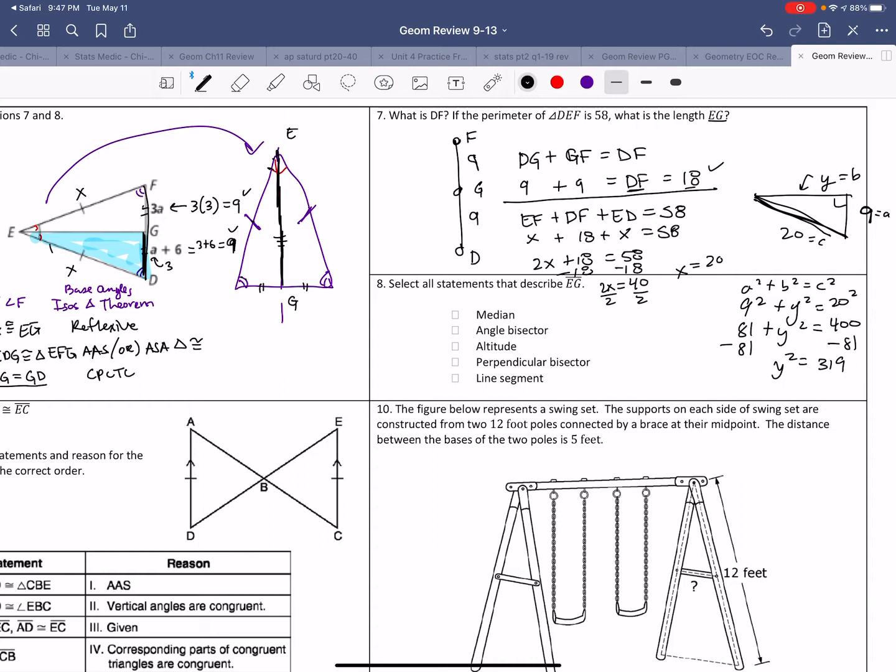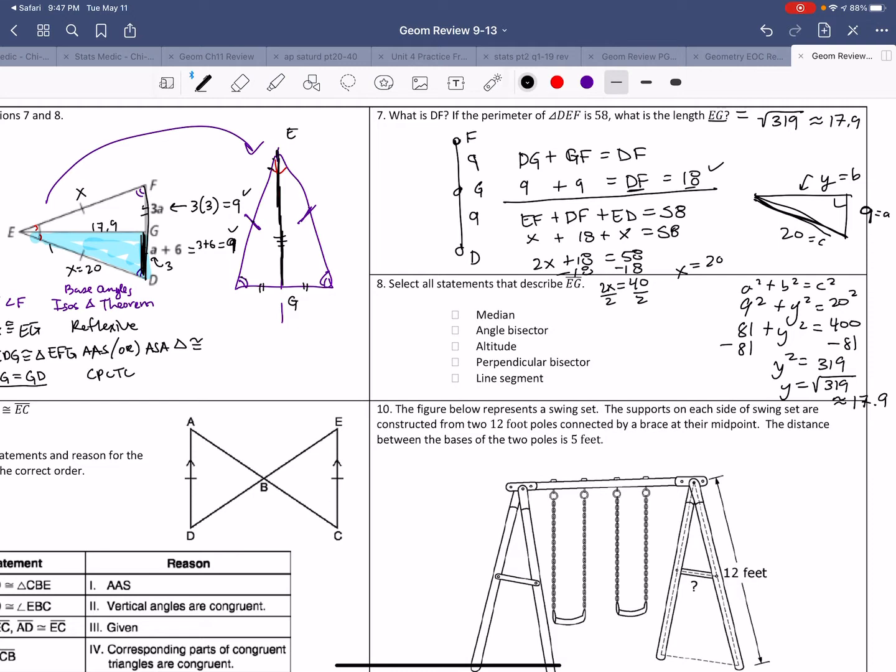Take the square root. It looks like you get about a decimal, 17.9. So does that make sense? I actually think it does if this was 9 and this is 20. So I'm going to say my answer is the square root form, or about 17.9.